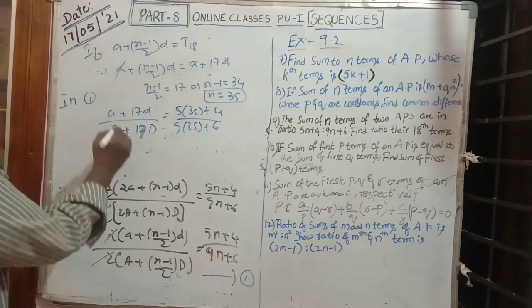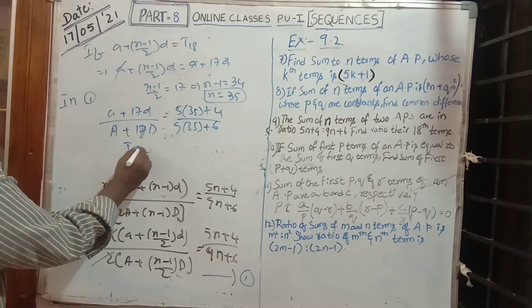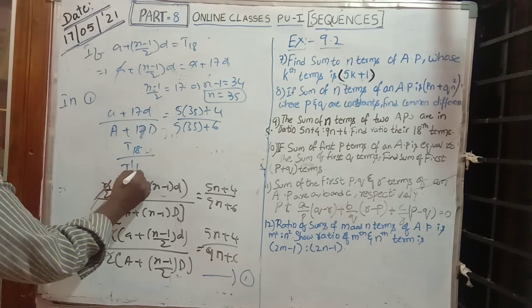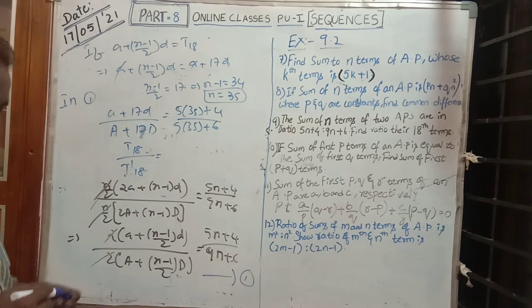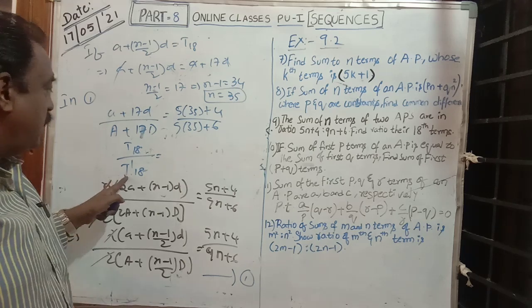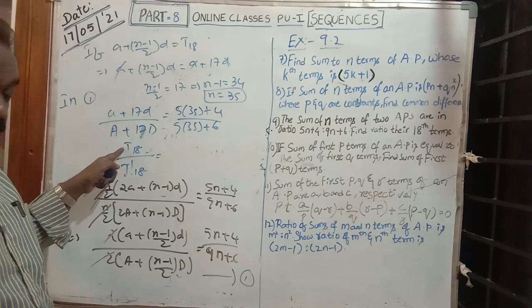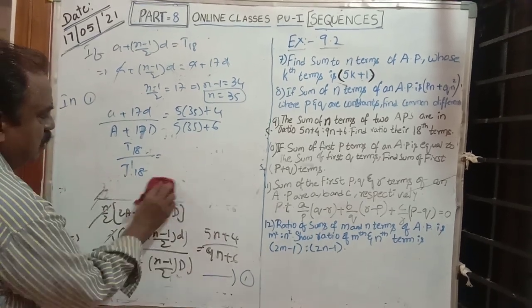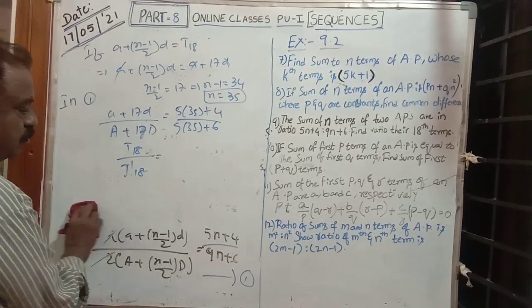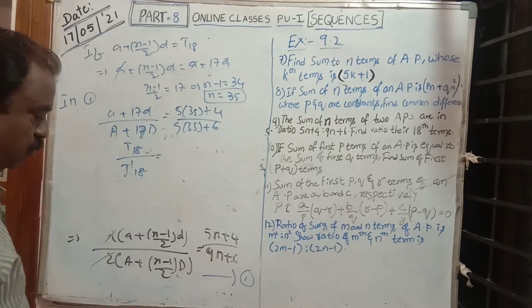This is T18 by T dash 18. T dash 18 is the 18th term in the second AP, and T18 is the 18th term in the first AP. Now I think it is clear. Will you agree? Is this clear?